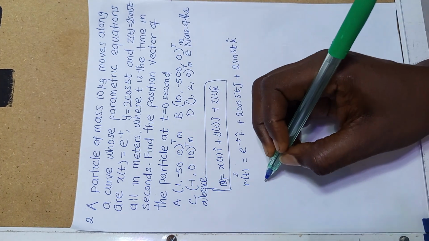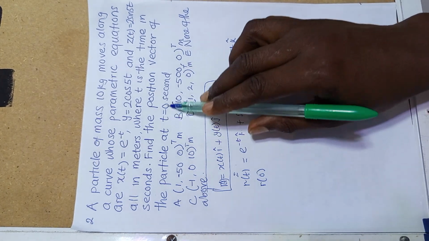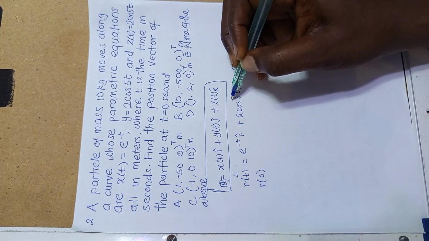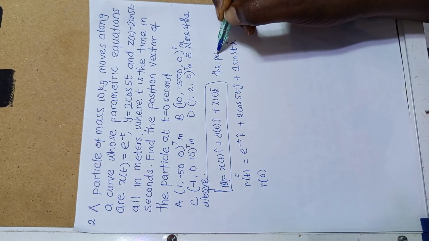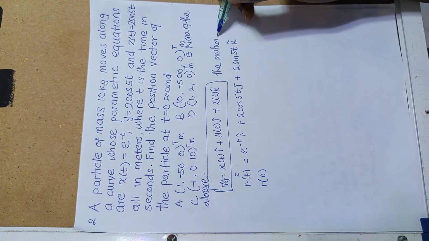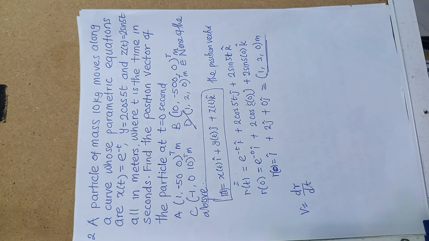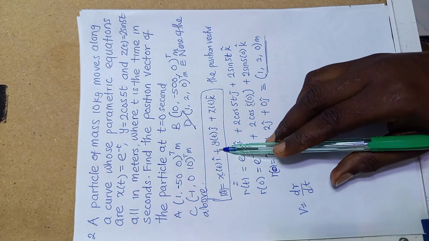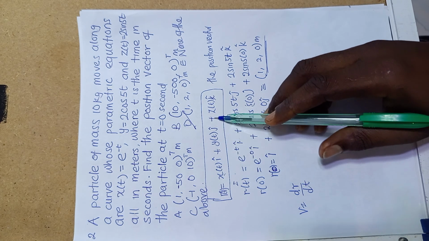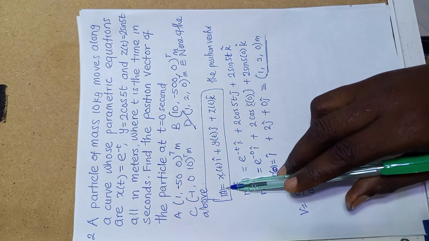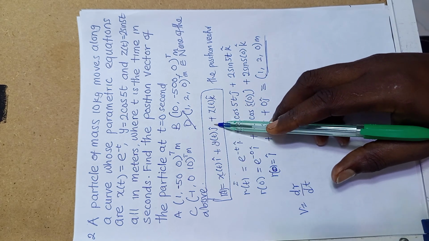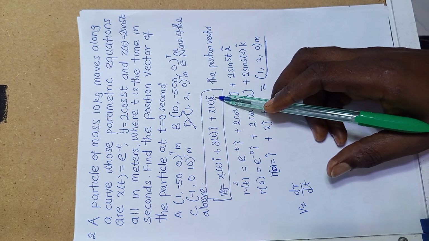So at T equal to 0, the position is a position vector. What I'm saying now, this is the position vector, and the position vector is just giving us S of T i plus Y of T j plus Z of T k.